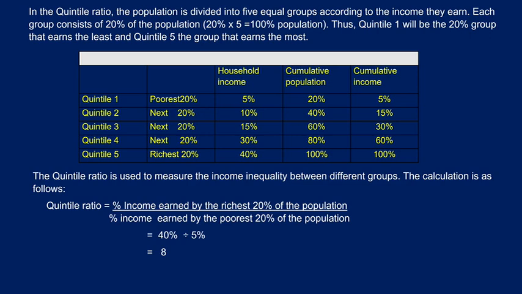You take the percentage income earned by the richest 20% of the population, in this case it is 40%, and you divide that by the percentage income earned by the poorest 20% of the population, and from our table that is 5%. So 40% divided by 5%, and that gives you the answer of 8, because the two percentages cancel each other out, and you've got 40 divided by 5, which will give you 8.